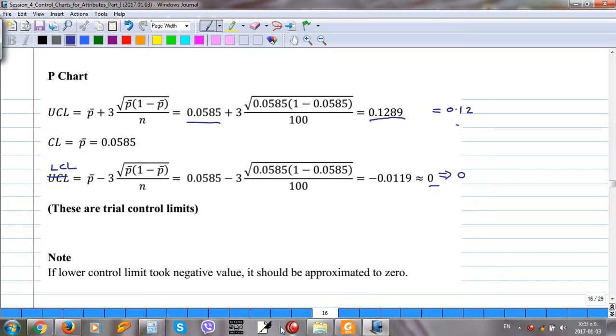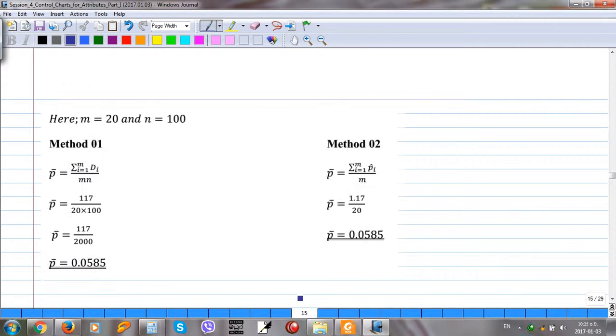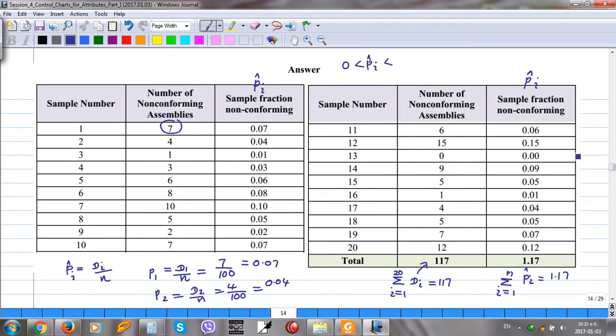Now I am checking the values of p hat i against the range, with the lower limit 0 and the upper limit 0.12. Where is it? Right, 0.12, the value should be here.